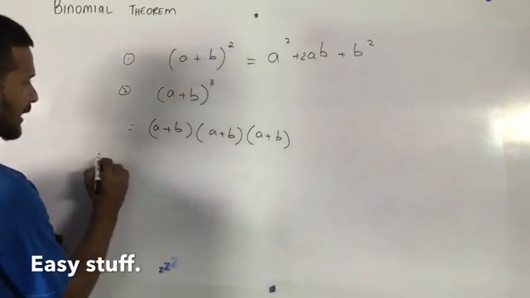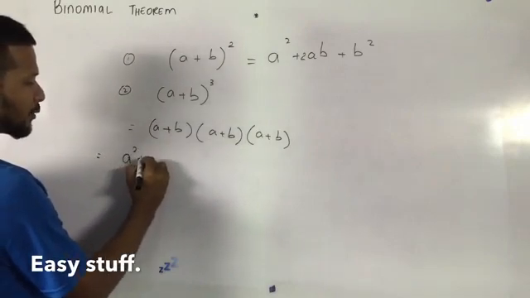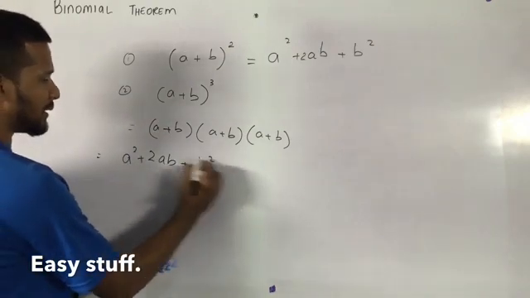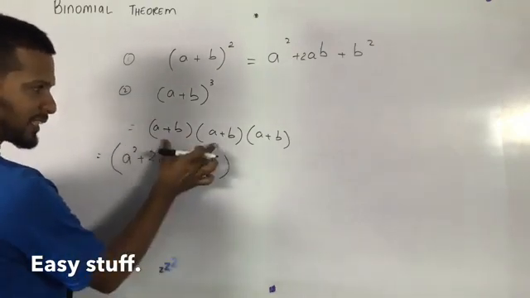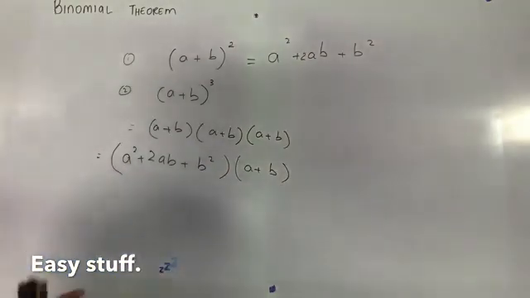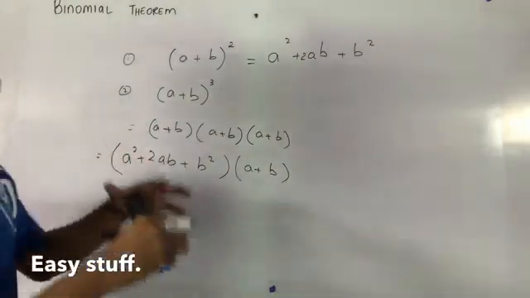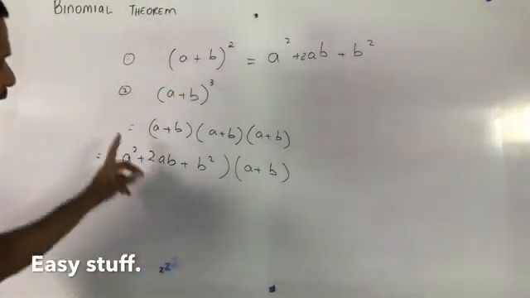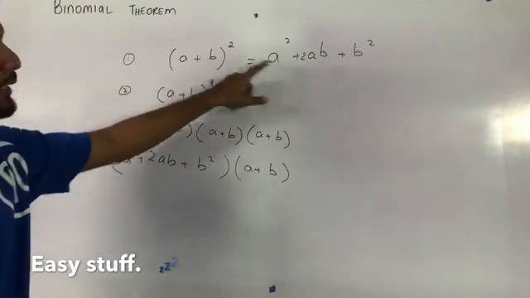So we could simply write a squared plus 2ab plus b squared, which will replace this, and multiply it by a plus b. All this builds up to what binomial theorem really is. It's a simple theorem that we could use to get these expansions.